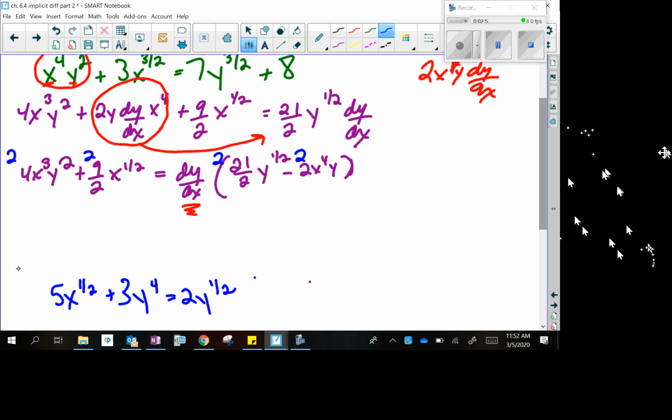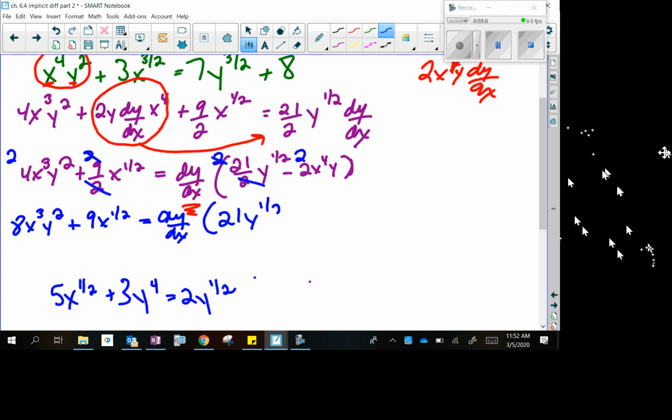So now this becomes 8x to the third y squared. This gets rid of those 2's. So 9x to the 1/2 equals dy/dx times 21 y to the 1/2 minus 4x to the fourth y.